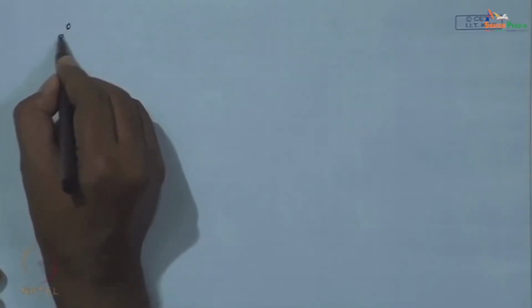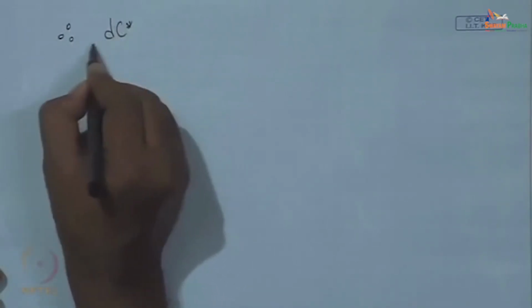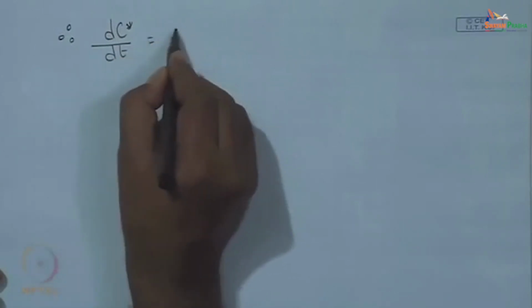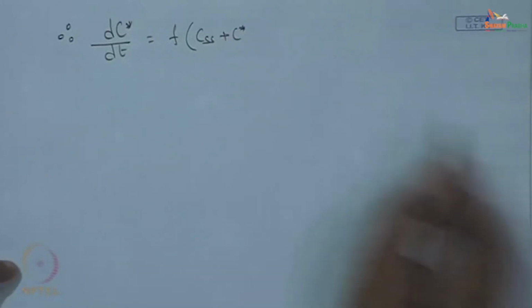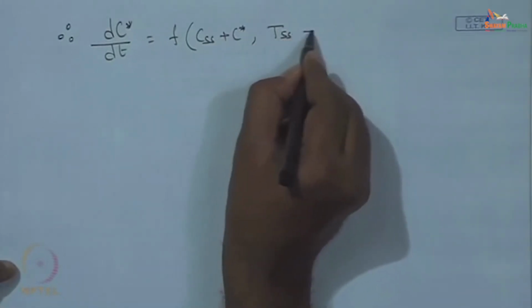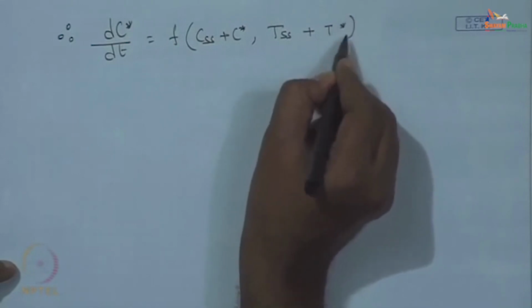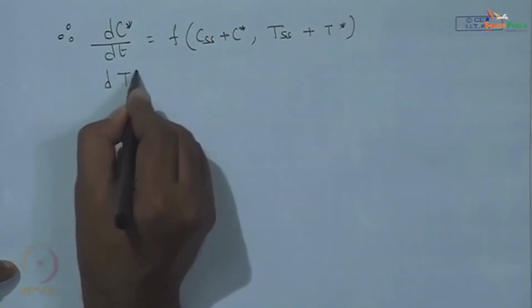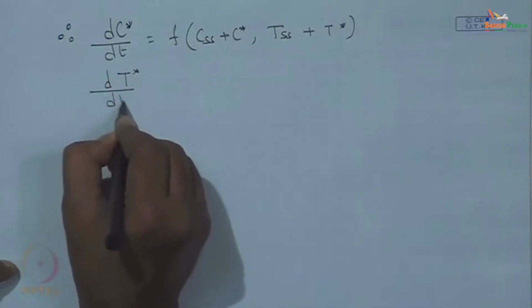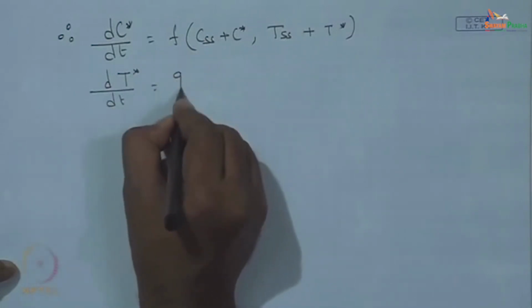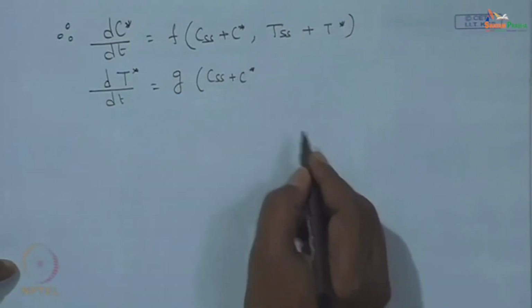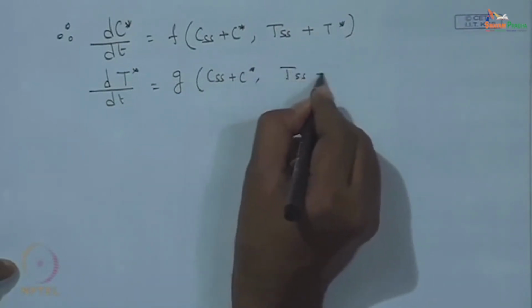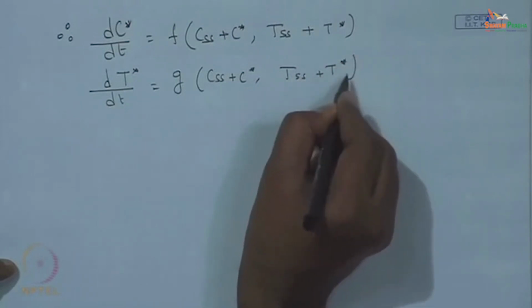We will get dC star/dt equal to f of CSS plus C star and TSS plus T star, and dT star/dt equal to g of CSS plus C star and TSS plus T star.